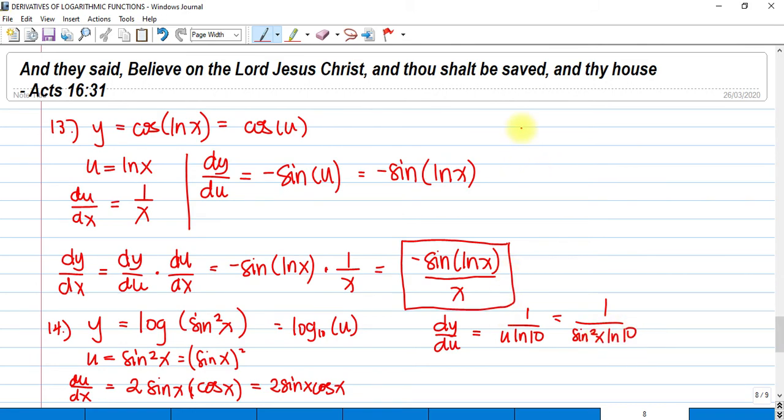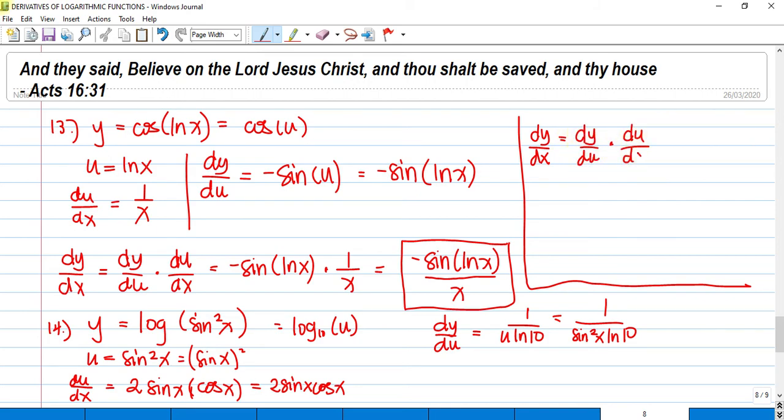Again, let me just rewrite here. To get the dy over dx, that is dy over du multiplied by du over dx. Our dy over du is 1 over sine squared x ln of 10 multiplied by du over dx, which is 2 sine of x cosine of x.